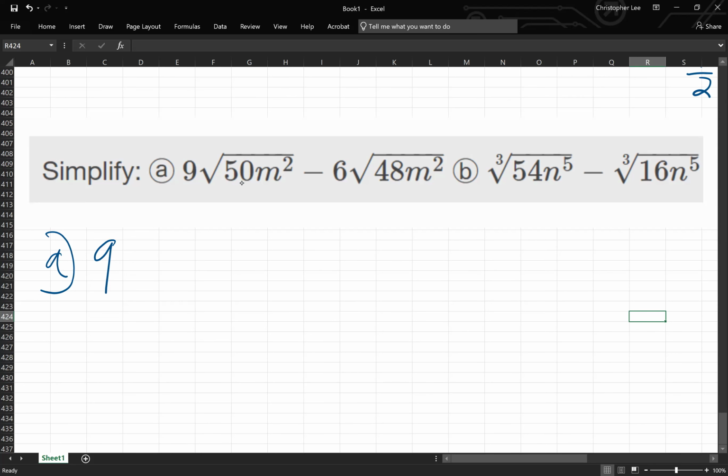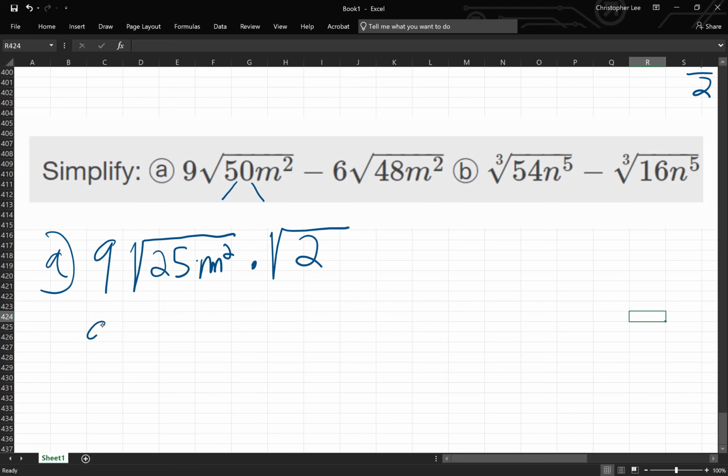So what's square root 50m squared? What does that become? Here's what I want you to do. Break this up into the largest perfect square that goes into it. So this would be square root 25 times m squared times square root of 2, right?